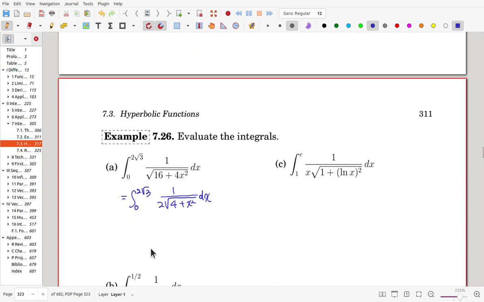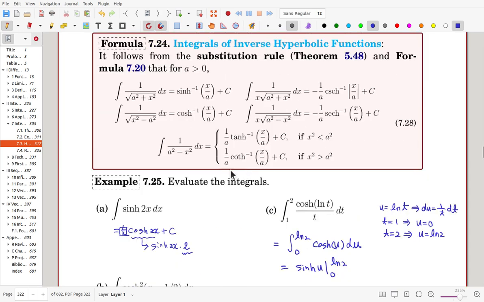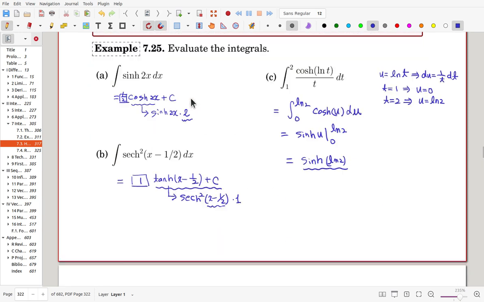Okay, so from this one, now we have half, and then for this portion the antiderivative is here now. A is now 2 squared, which will be 4, so that is the same as inverse sine hyperbolic of x over a.